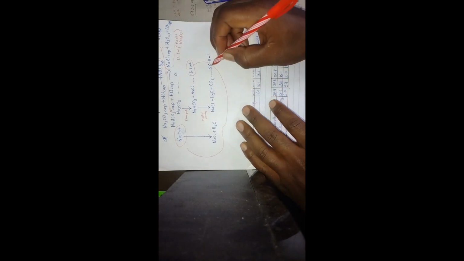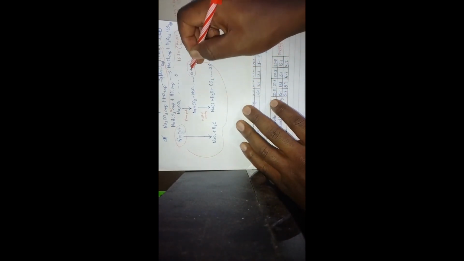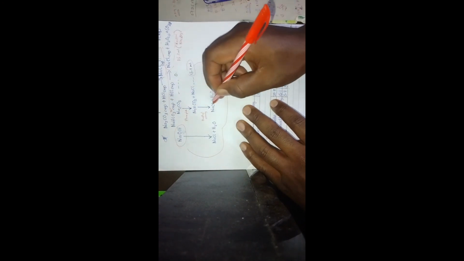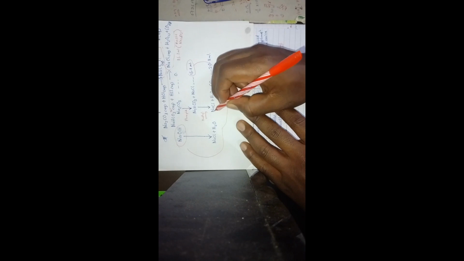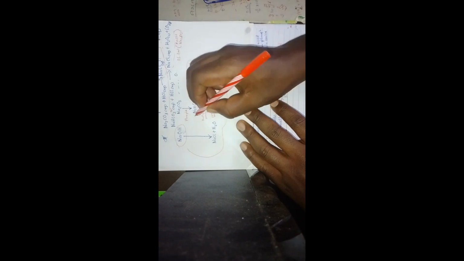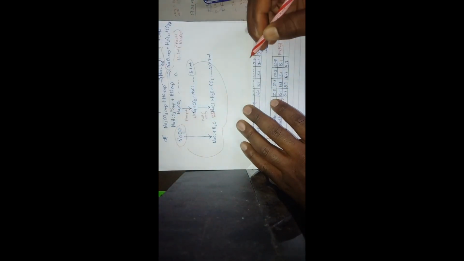So what we mean here is that 20 minus 15 gives what was used between here and here. This one is a complete reaction, and this one is a halfway reaction. And here there was no sodium hydroxide, but here it is sodium hydroxide and sodium carbonate.